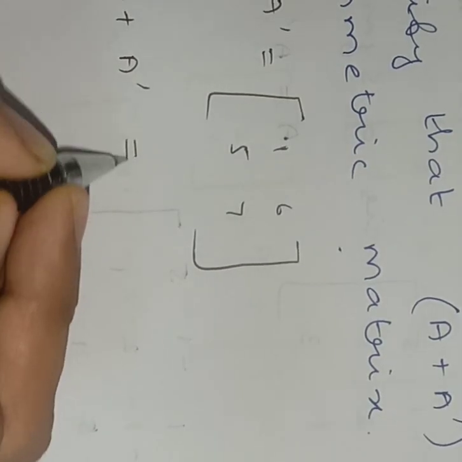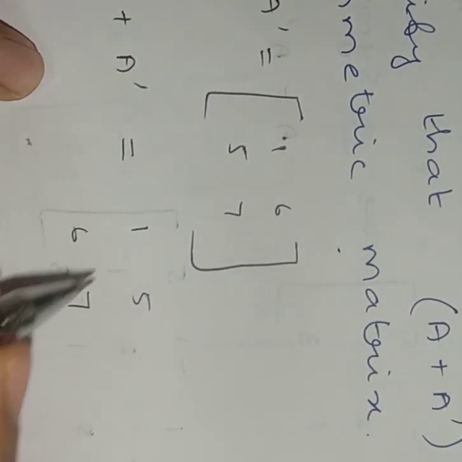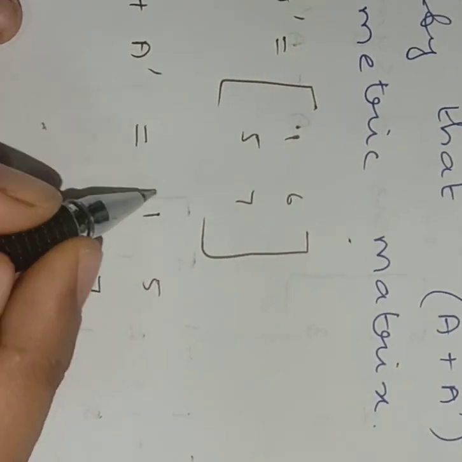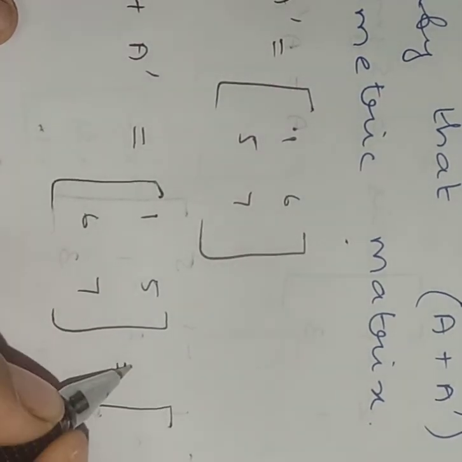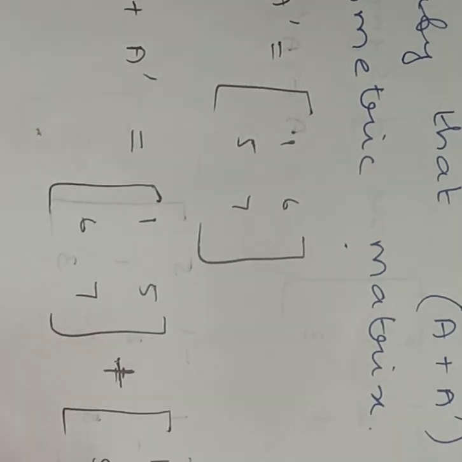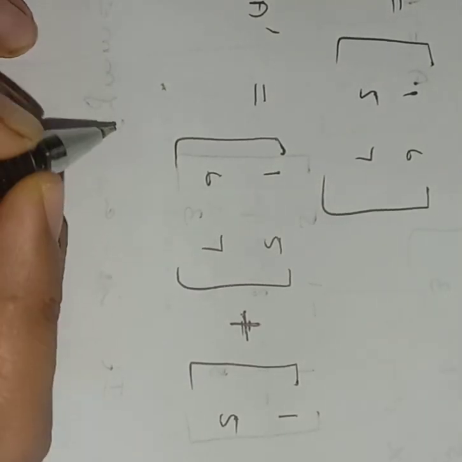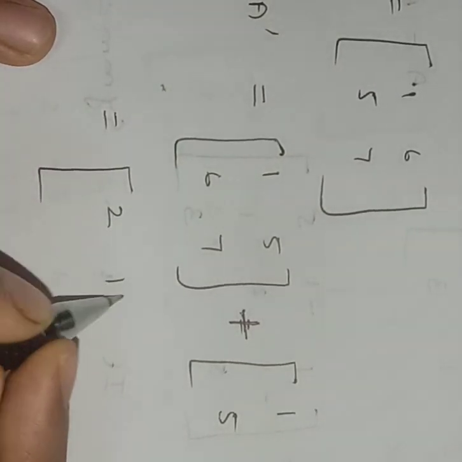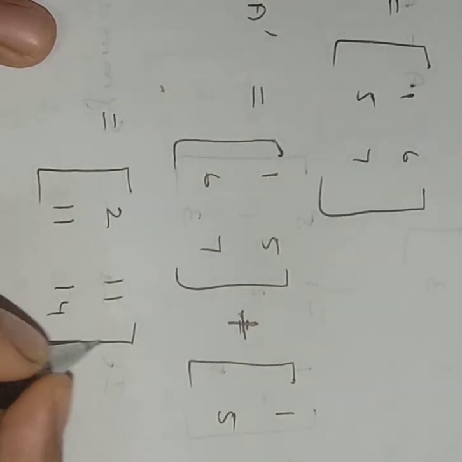So what is A plus A dash? 1 5 6 7 and A dash value is 1 6 5 7. So add these two. 1 plus 1 2, 5 plus 6 11, 6 plus 5 11, 7 plus 7 14.